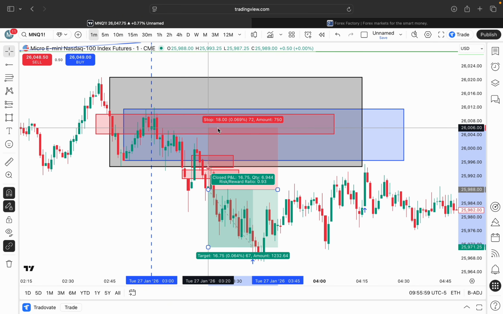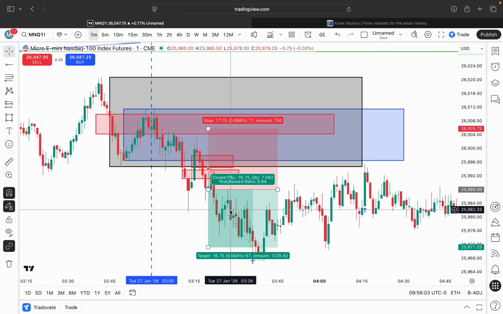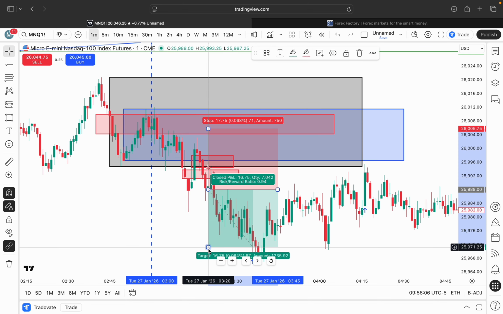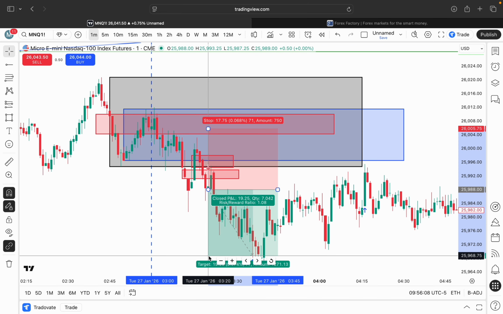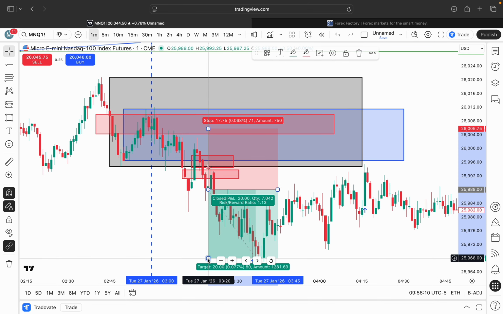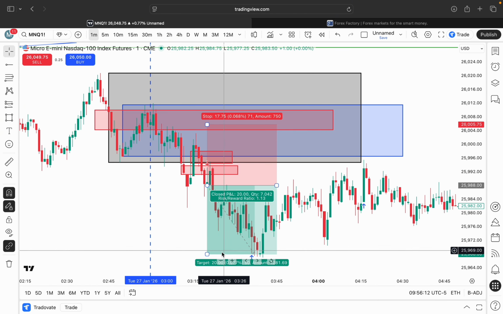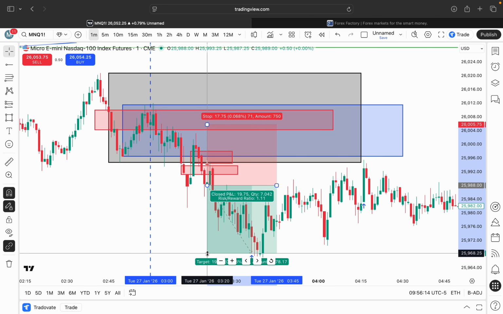We entered it and we set our stop on this high right here to provide some margin for a retrace, but also for a market order. And what I mean by that is I don't place limit orders, so I don't get filled exactly at the price that I want.